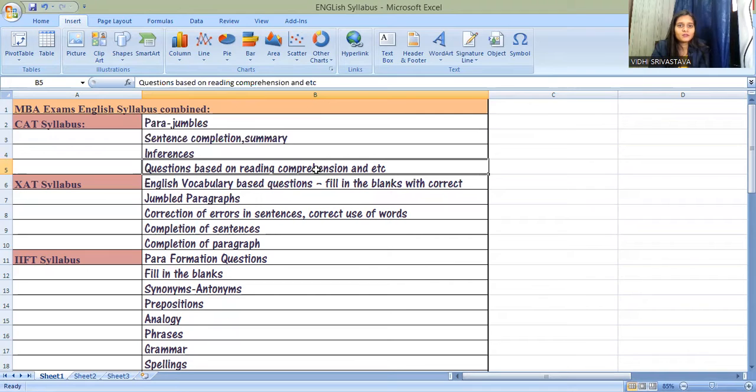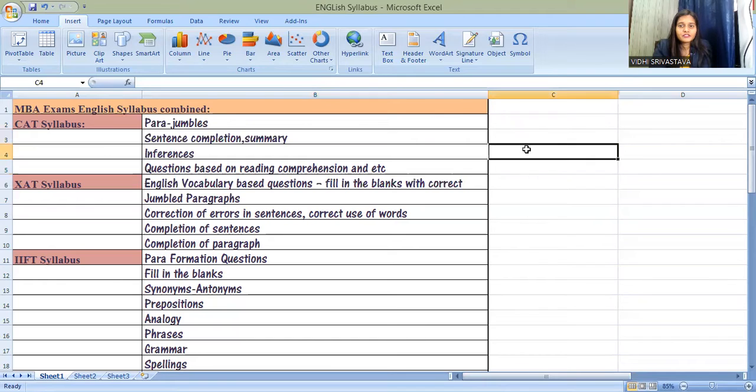In the vocabulary section you can see there is not much. You will have 1 or 2 questions of antonym synonym, and apart from that 1 or 2 questions of odd ones out, and that's it. So let's break up the reading comprehension and vocabulary section questions. 8 to 9 questions come from vocabulary.